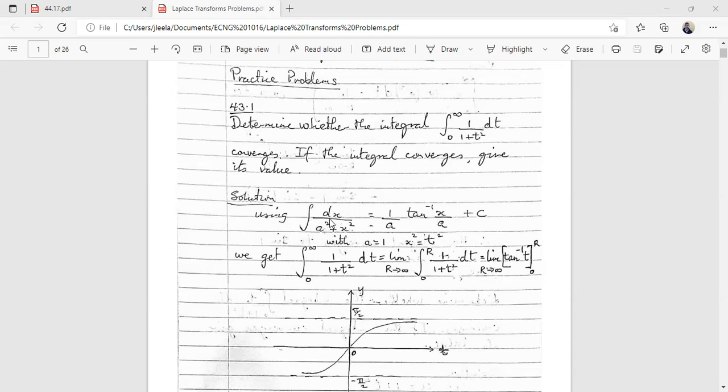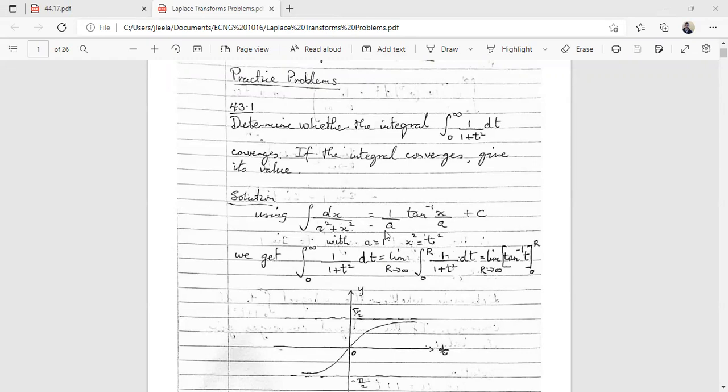So the rule for integrating anything of this form would be 1 over the constant a, tan inverse of x over a, where x over a is the argument, plus a constant, because remember here we have limits, but the rule is an indefinite integral. Once you're integrating an indefinite integral, the constant will come in. Of course, when you're doing the definite integral with limits, you won't have a constant, right?